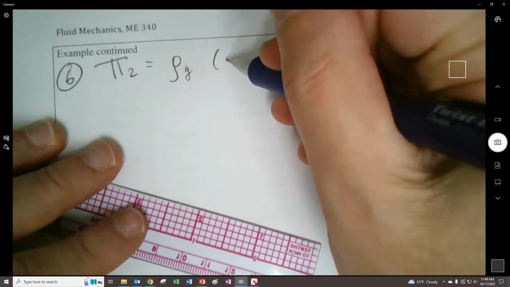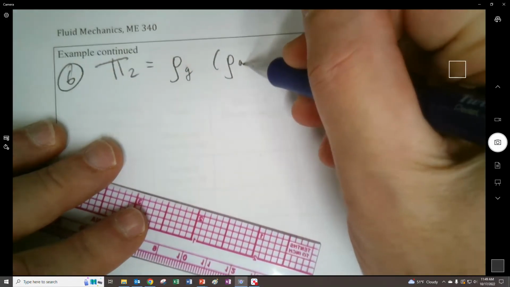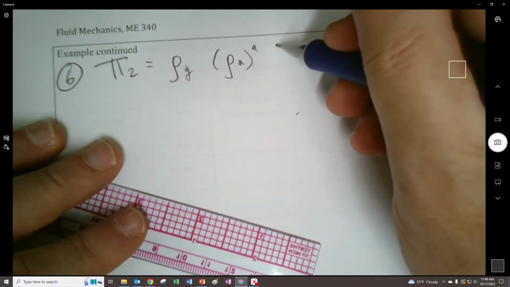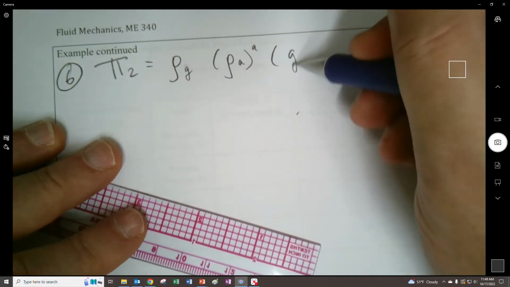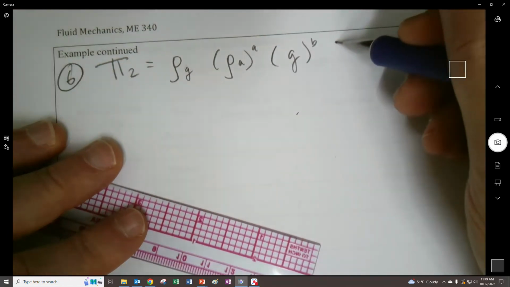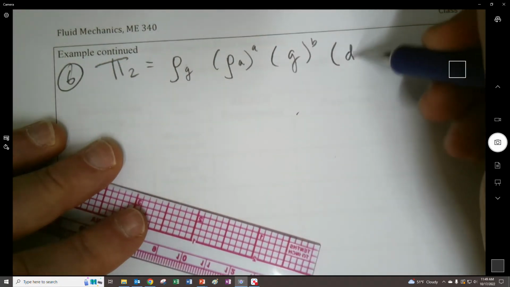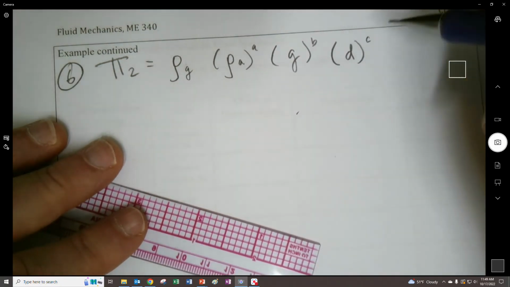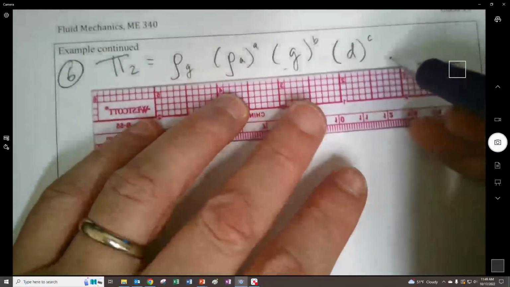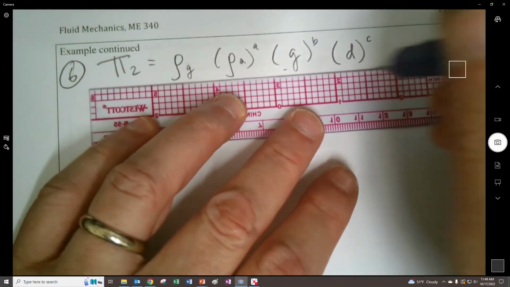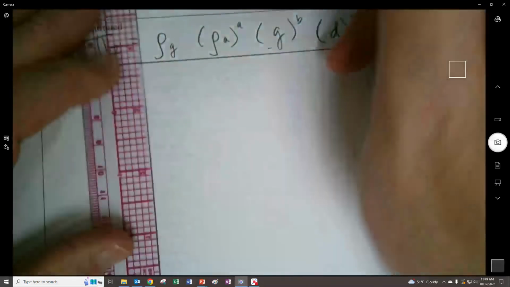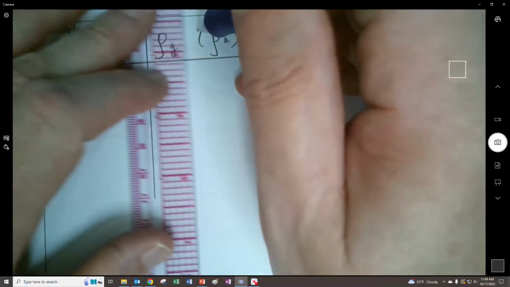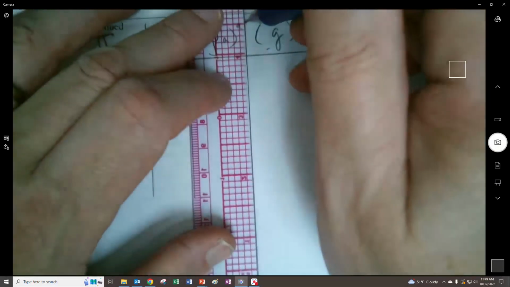And then we're going to times the density of the air raised to the A, the acceleration of gravity raised to the B, and the diameter raised to the C. And I don't know how long the columns need to be. Something along those lines right there.